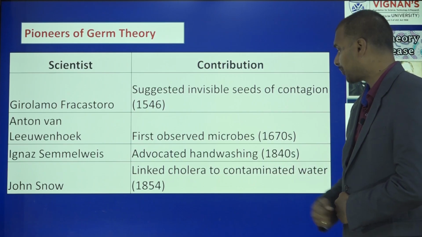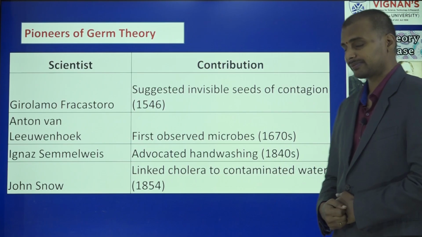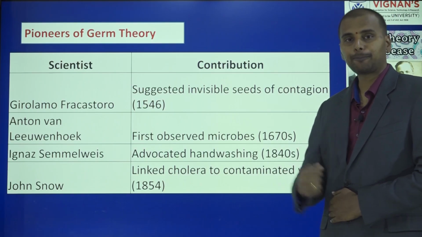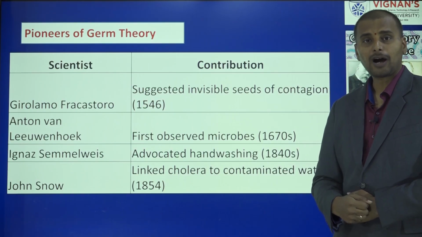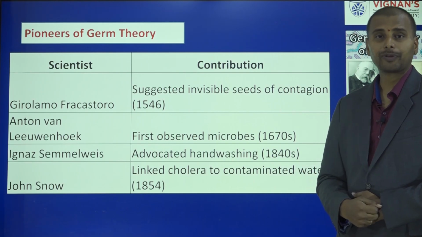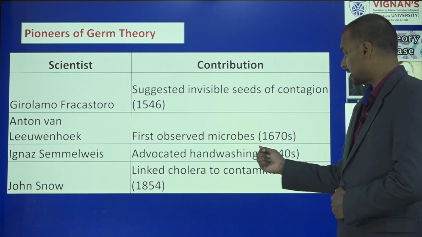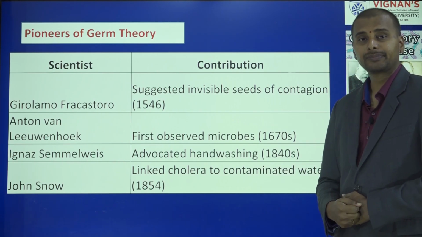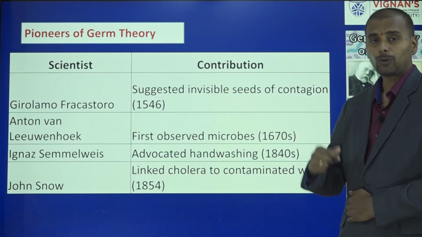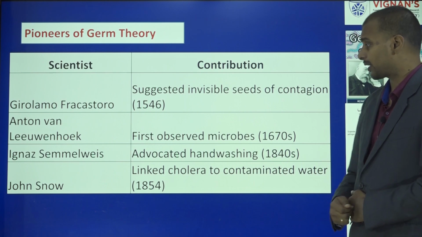Later, John Snow linked cholera to contaminated water. Earlier, people were affected by cholera but did not know the cause. Finally, he established the relationship between cholera and contaminated water, saying that cholera spreads through contaminated water.